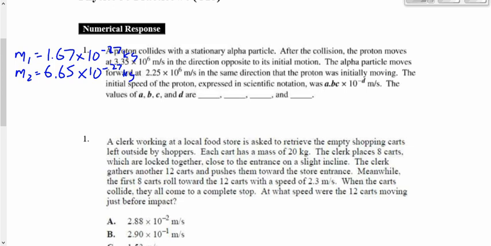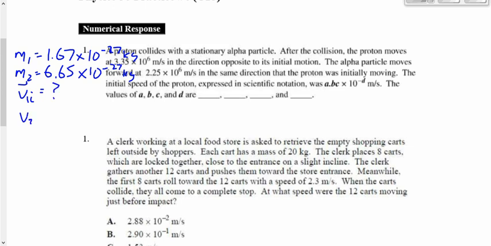Let's say V1 initial. Do we know what the value of V1 initial is, the proton, before this collision between these two subatomic things takes place? Do we know what its speed is? That's what we're trying to find, isn't it? So let's put a question mark by that one.